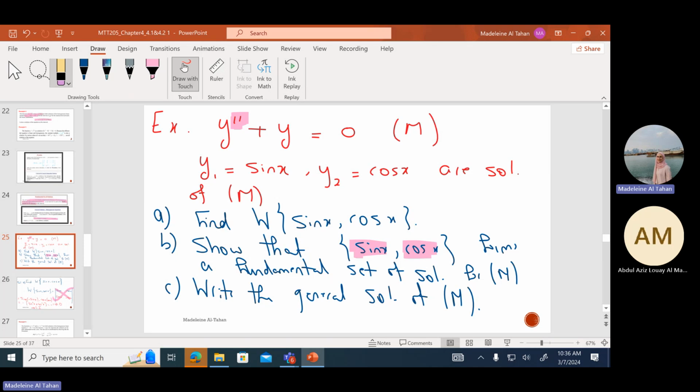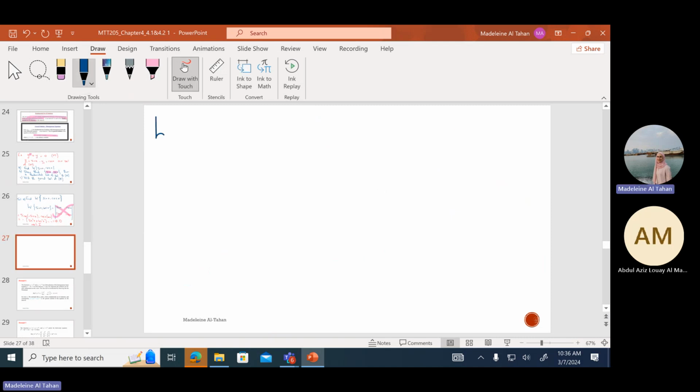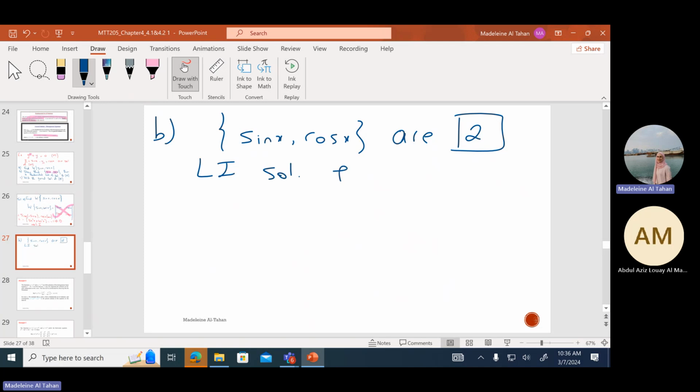Okay, so this one, how can we solve it? In part B, sin x and cos x are 2 linearly independent solutions for the equation. This is the first step.